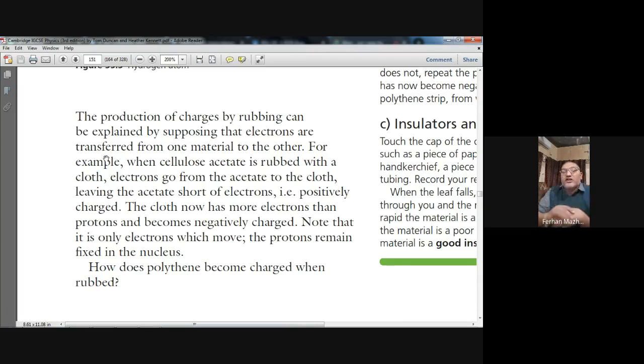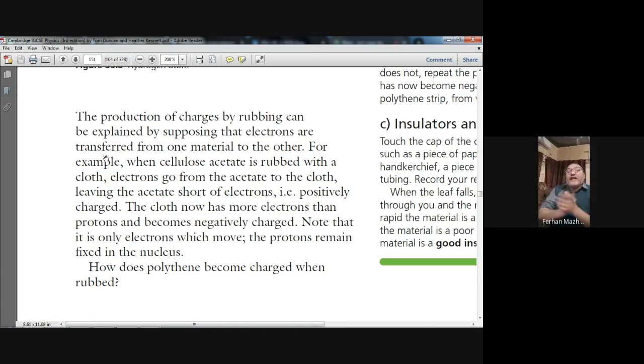So in general, you should know, if you rub two insulators, for example object A and object B, together, electrons will be transferred from one to the other. If the electrons are transferred by rubbing from A to B, body B will become negative and body A will become positive.